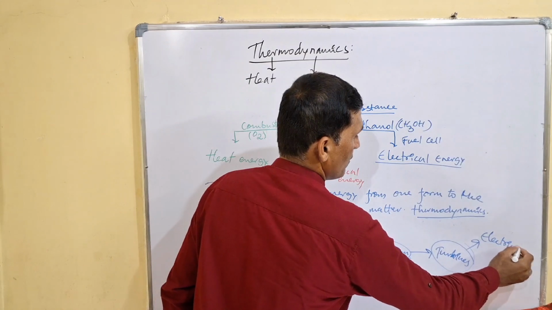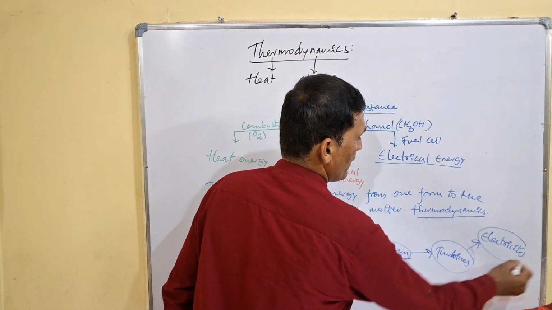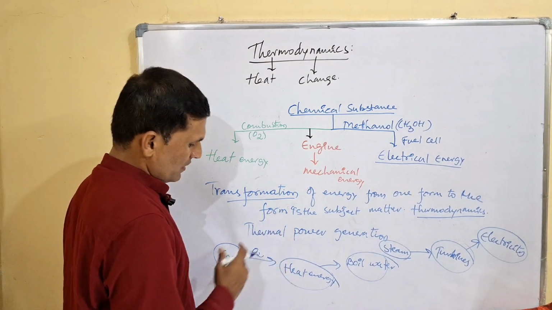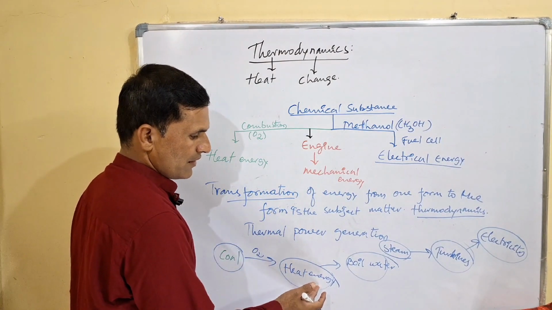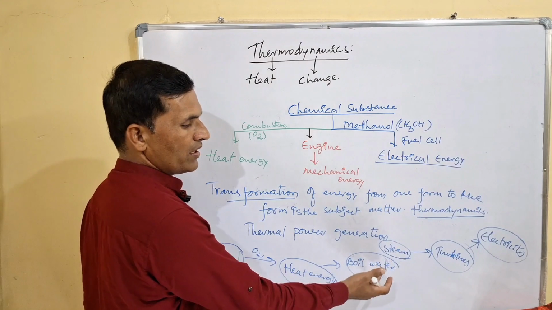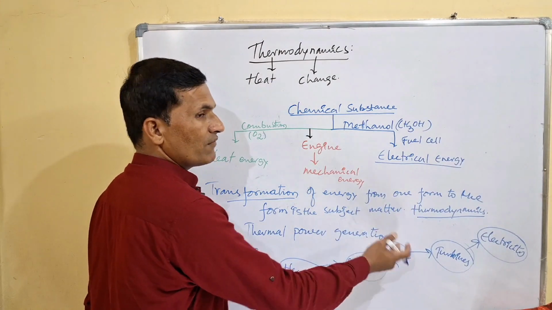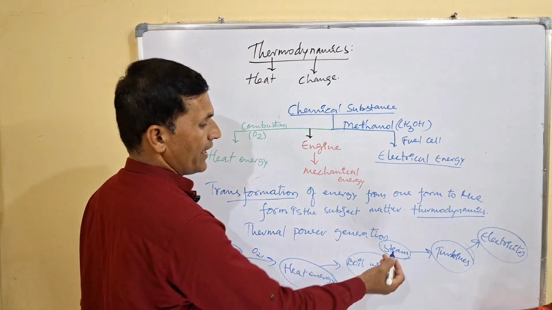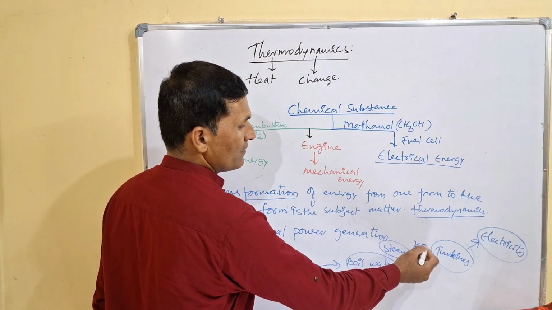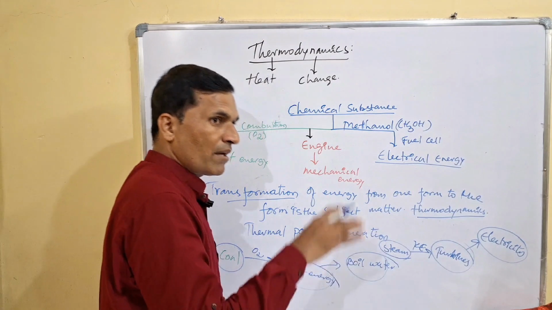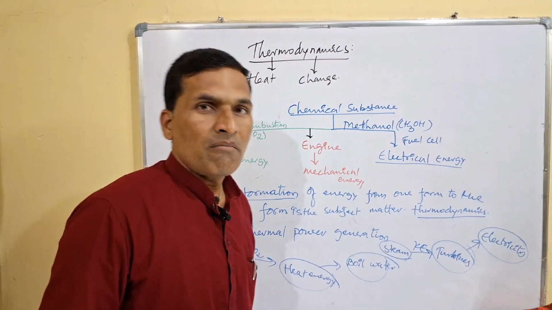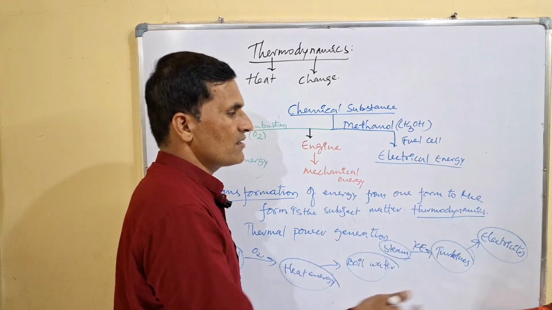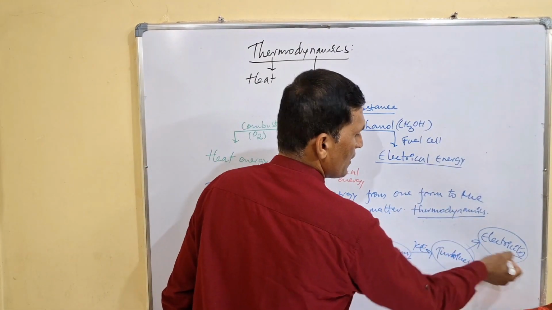So that is how chemical energy, by burning, is converted into heat energy. Heat energy is used to boil water and generate steam, whose energy-rich molecules have kinetic energy. We utilize that to move the turbines, converting it into mechanical energy, and the mechanical energy in turn cuts the magnetic fields to give us electricity.